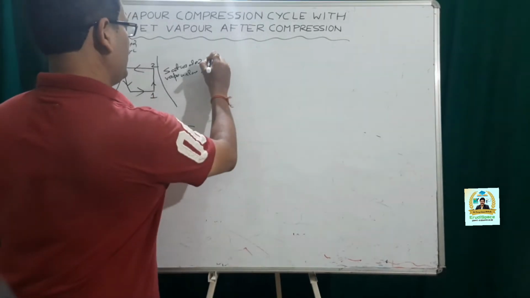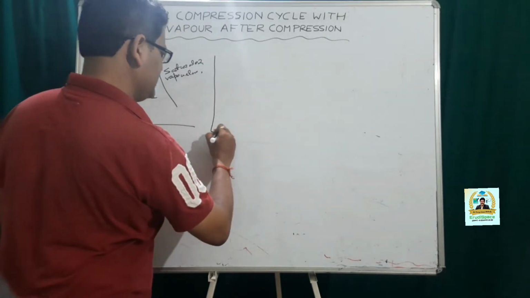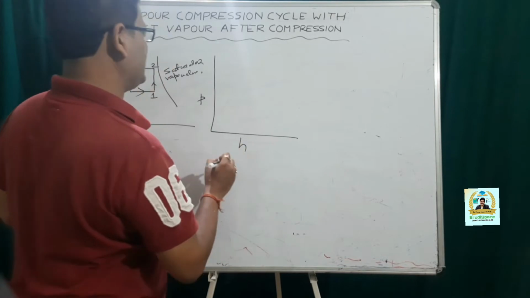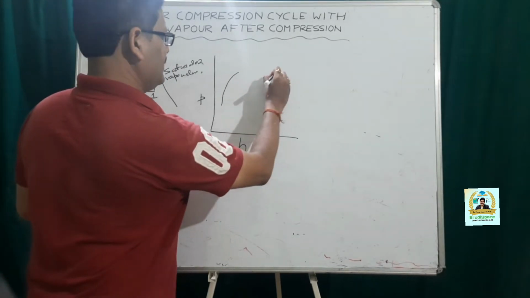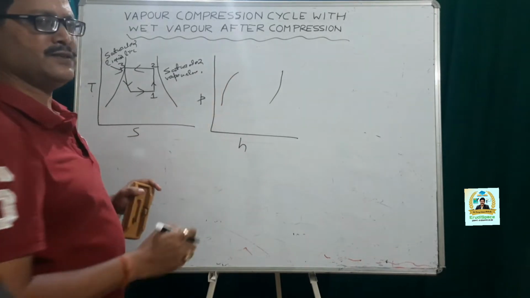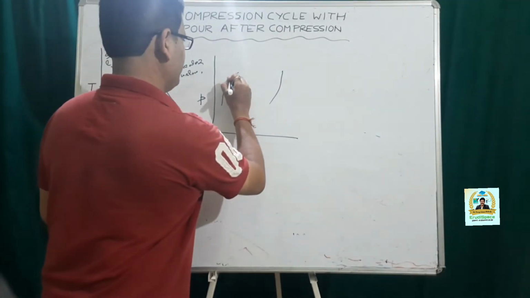So we do have four processes. This represents your pressure enthalpy diagram. This represents the saturated liquid line and this represents the saturated vapor line.